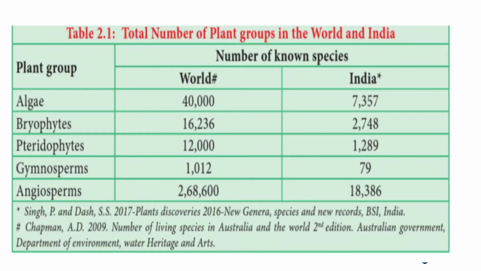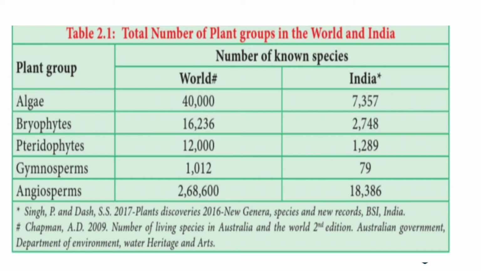And the total number of plant groups in the world and India: plant group, world and India, number of known species. The survey was given by Singh P and Dash, 2017. Algae: 40,000 in the world and 7,357 in India.